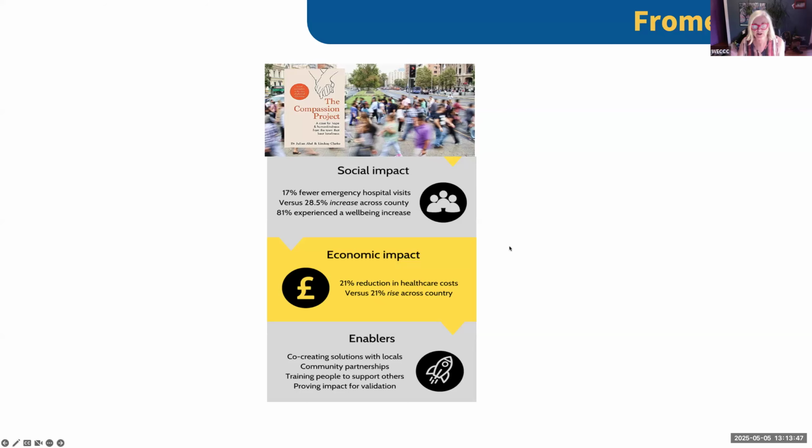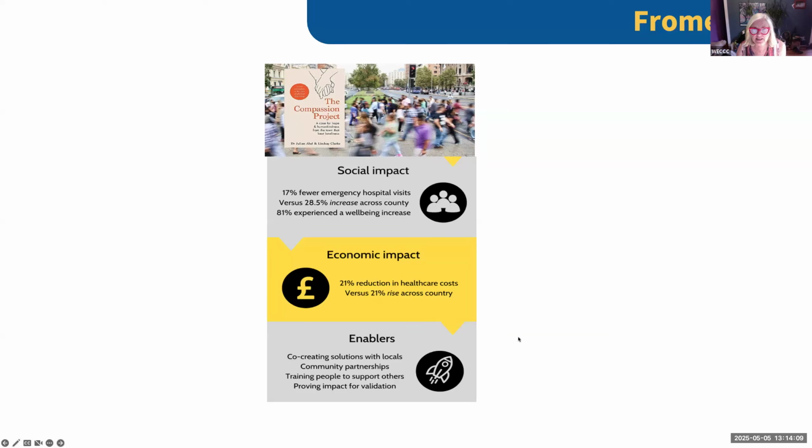They did an economic impact study as well and showed a 21% reduction in healthcare costs. Again, that's a reduction of costs in the healthcare budget, not just on people who were part of the intervention, versus that 21% rise across the county.